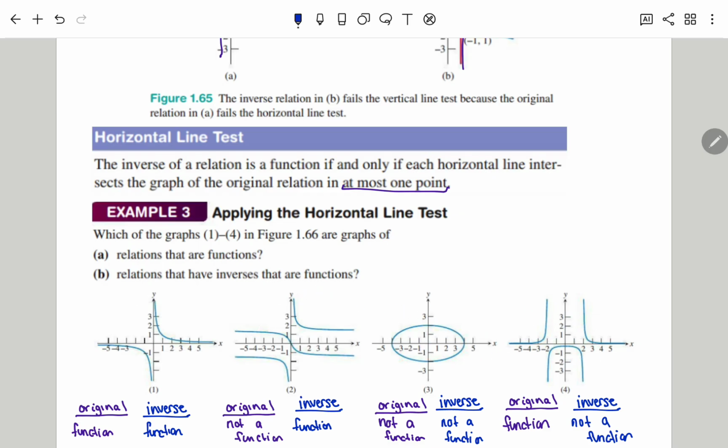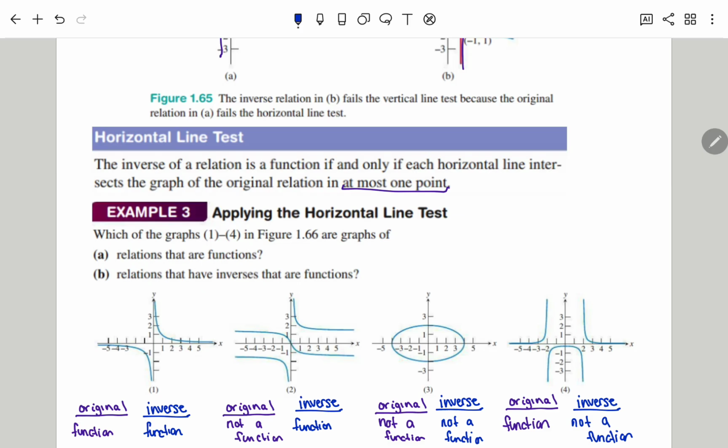So just remember, vertical line test is for the original. Without regraphing, we can tell if the inverse will be a function by doing the horizontal line test. So A was talking about the relations that are functions. B is the relations that have inverses that are functions.